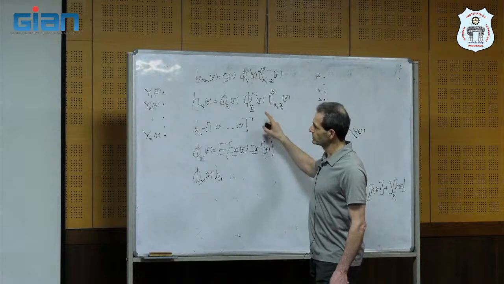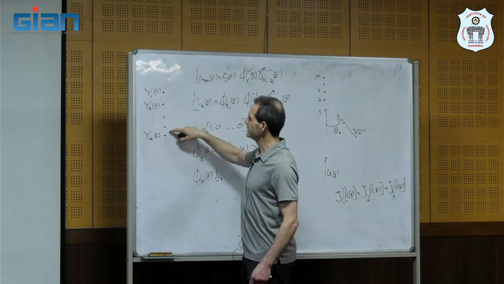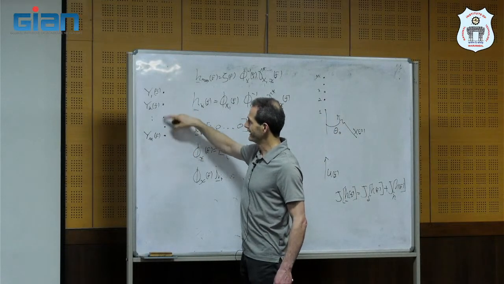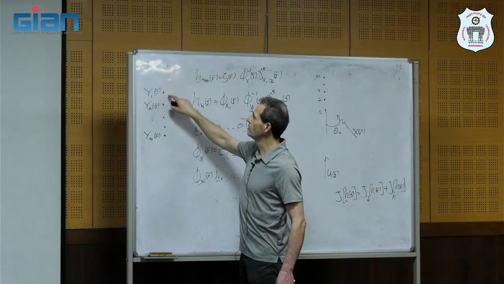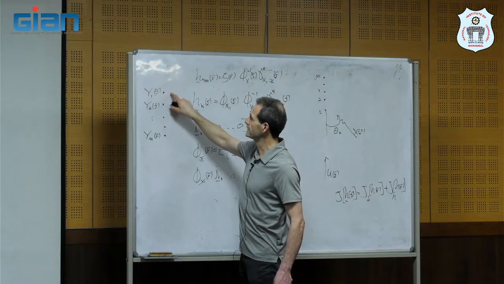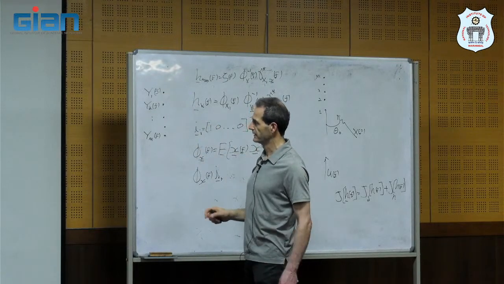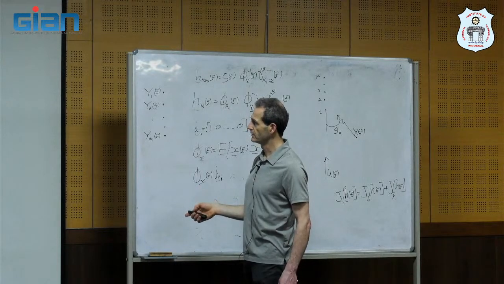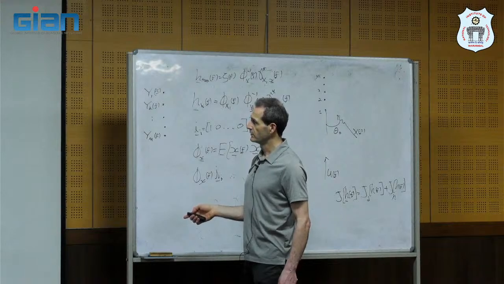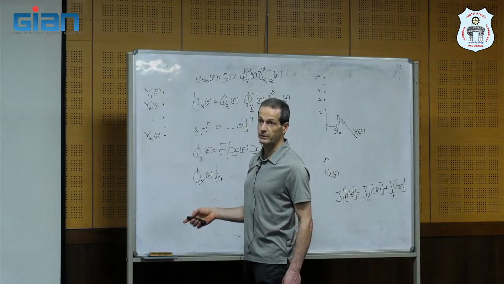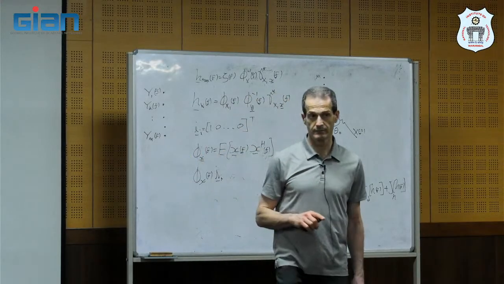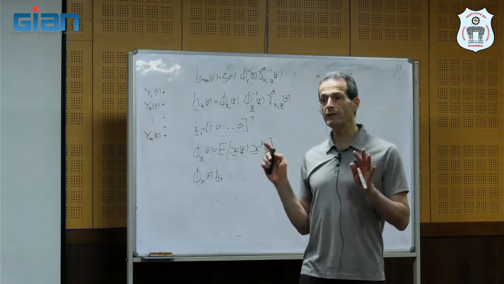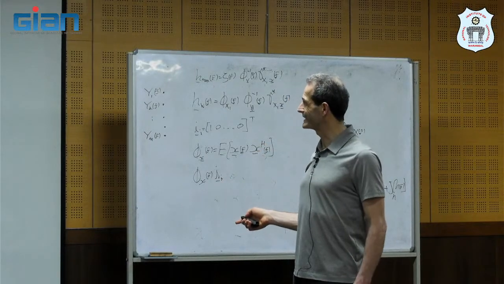But here, we need the correlation between the vector x and x1. So we need the correlation between any desired component in these sensors compared to the desired signal components in the reference signal. Here, we don't use it. We use the correlation matrix of the noise components. So you see, we use different information.